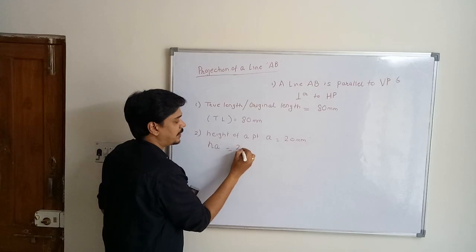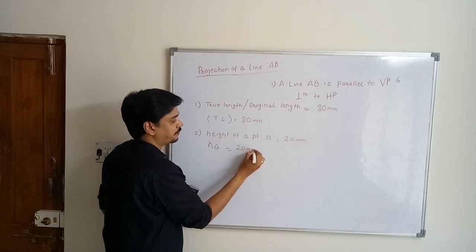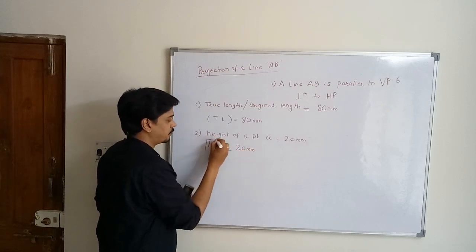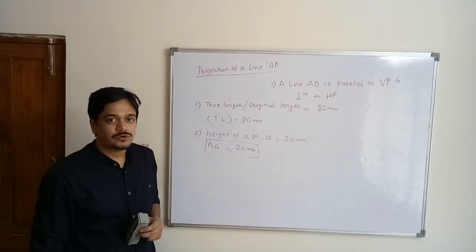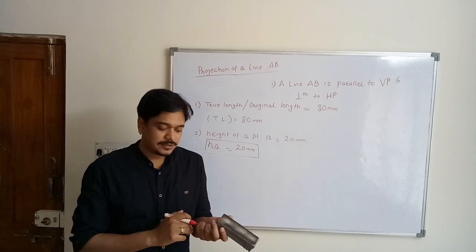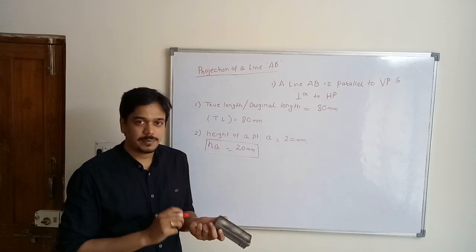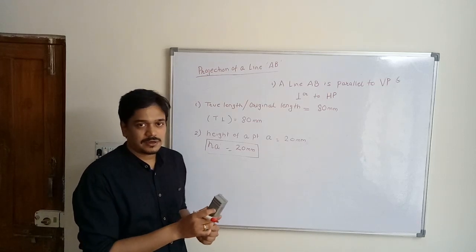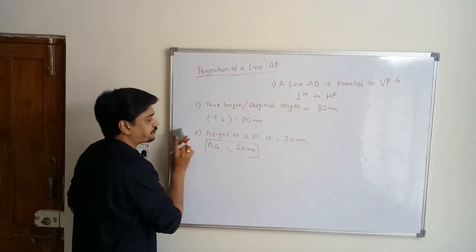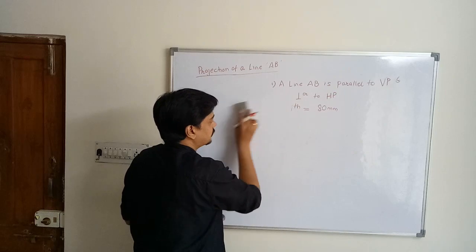So it is 20 mm. Now we have to draw the projection of a line AB, which is parallel to the vertical plane and perpendicular to the horizontal plane. So with this data, we will be drawing the projection.